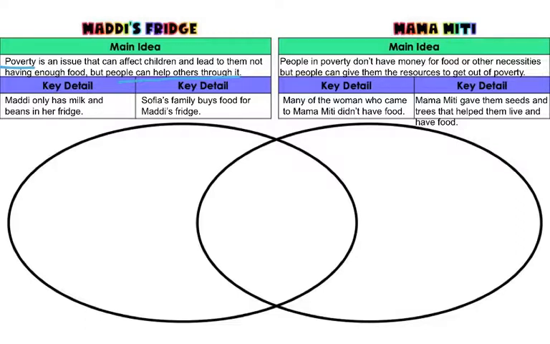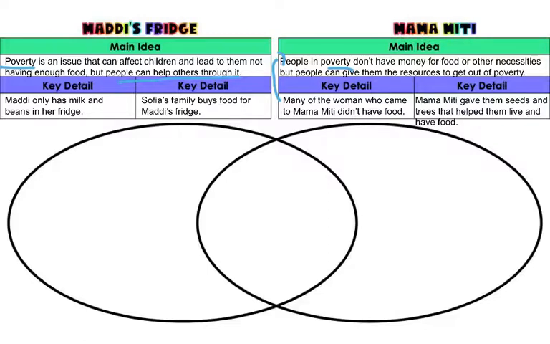So let's look at Mama Mitty. People in poverty don't have money for food or other necessities, but people can give them the resources to get out of poverty. Many of the women who came to Mama Mitty didn't have food. Right there, supporting that main idea.